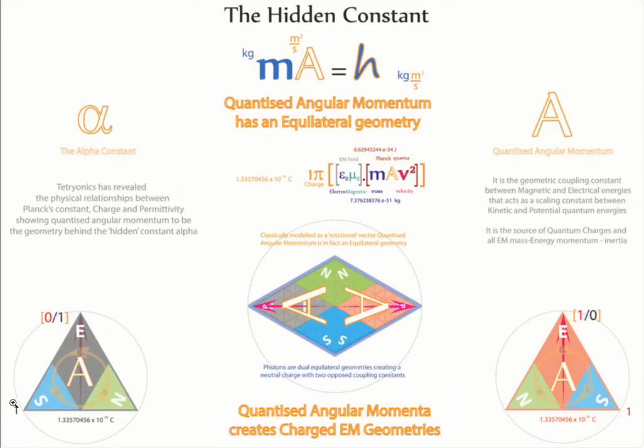So it's the geometry, the equilateral geometry, the alpha, within Planck's quantum, that gives us all the basic fundamental forces within the atom, and it gives us charge as well as the geometry itself for all our physical fields. And that's why it's so important. That's why it's stressed in the golden colour. It's the key part. It's the hidden geometry that gives us the hidden constant as it's expressed.